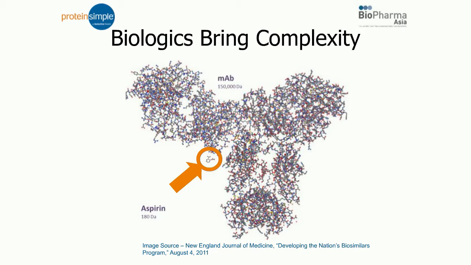I think that this concept is very well illustrated by this graphic right here. You can see the simplistic aspirin molecule compared to the large and vastly complex monoclonal antibody. With a molecule like aspirin, where the entire structure is determined by covalent bonds, you have a much more stable molecule, whereas with the monoclonal antibody, the structure is a combination of covalent bonds, but also weaker, intermolecular interactions, which are more vulnerable to disruption.